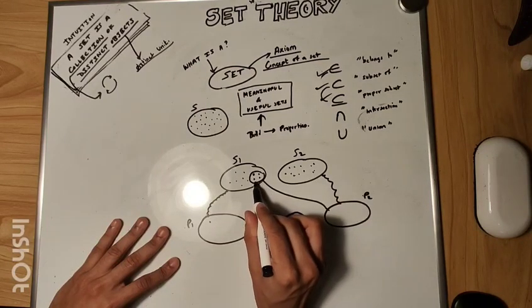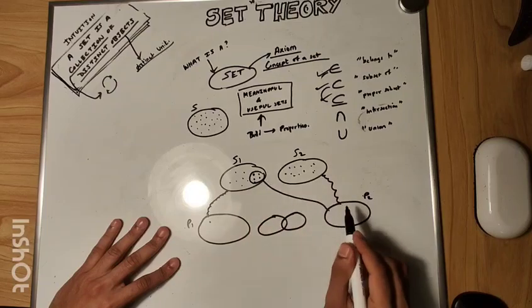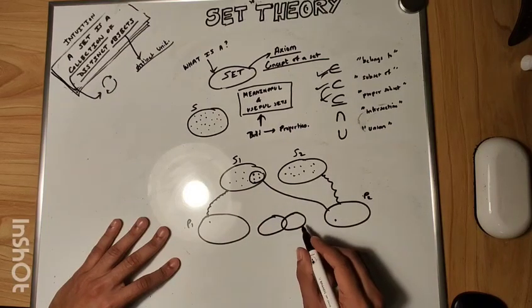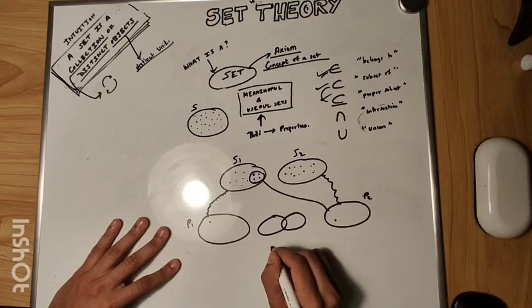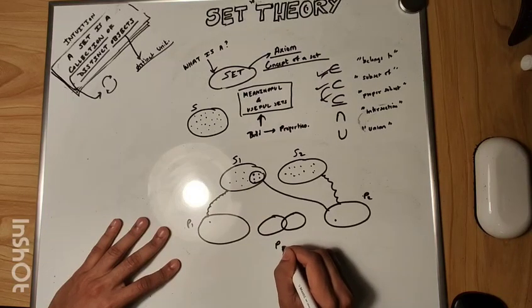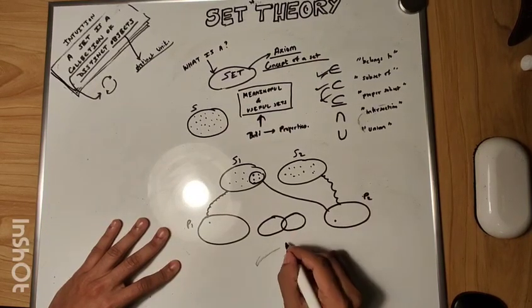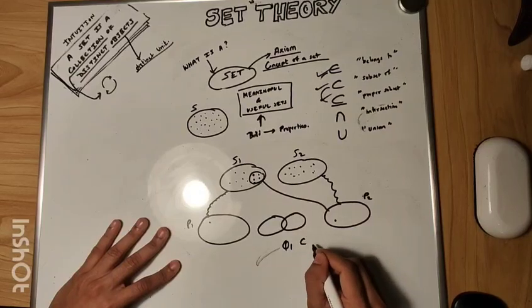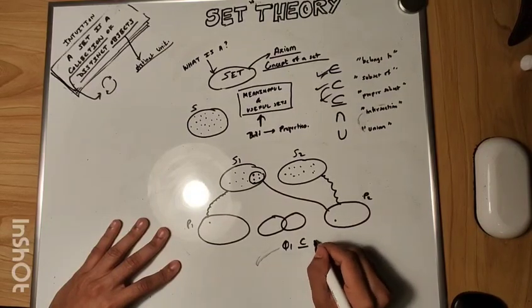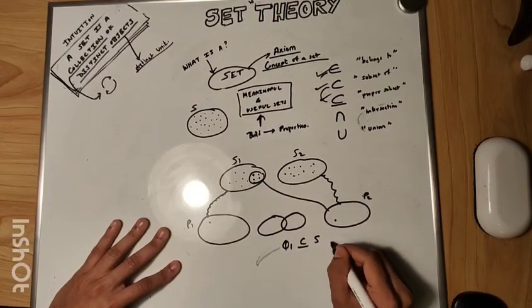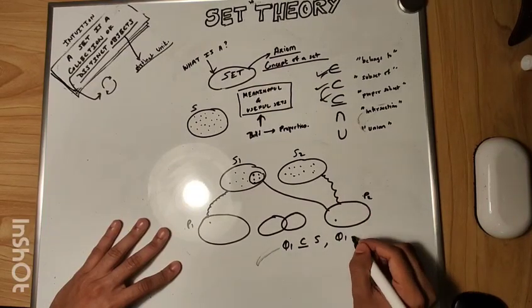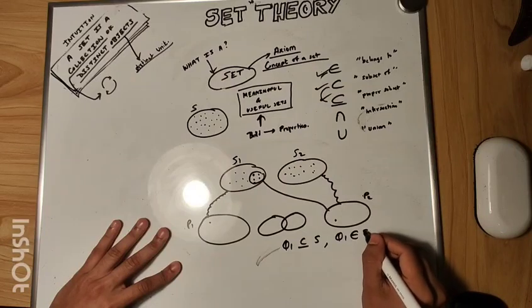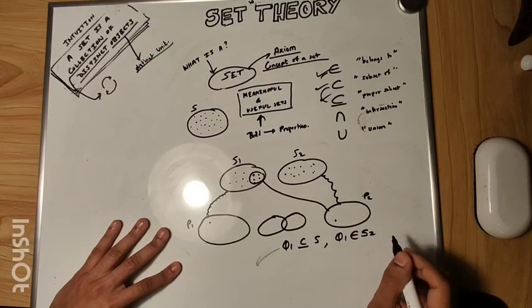Because if we have elements which satisfy P2, let's call it Q1, a subset, a proper subset at that of S1, and then Q1 satisfies P2, then by definition Q1 belongs to S2.